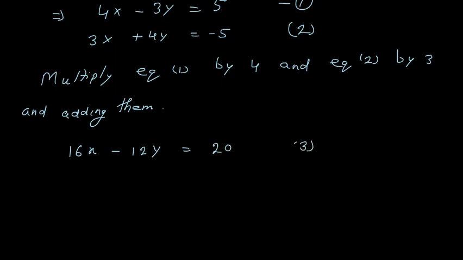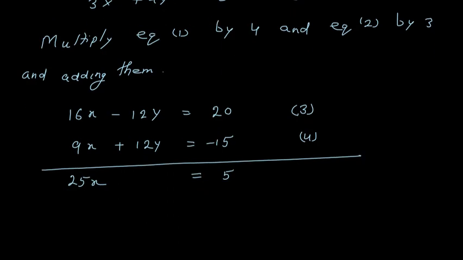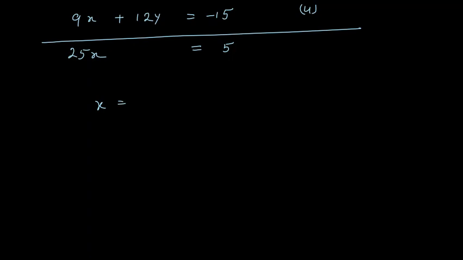This we can treat as equation number 3. Then we multiply equation 2 by 3, so it is 9x plus 12y is equal to minus 15. This is equation number 4. Now we add them, 16 plus 9 is 25x. So 25x is equal to 5, which gives the value of x as 5 divided by 25, which is 1 divided by 5.